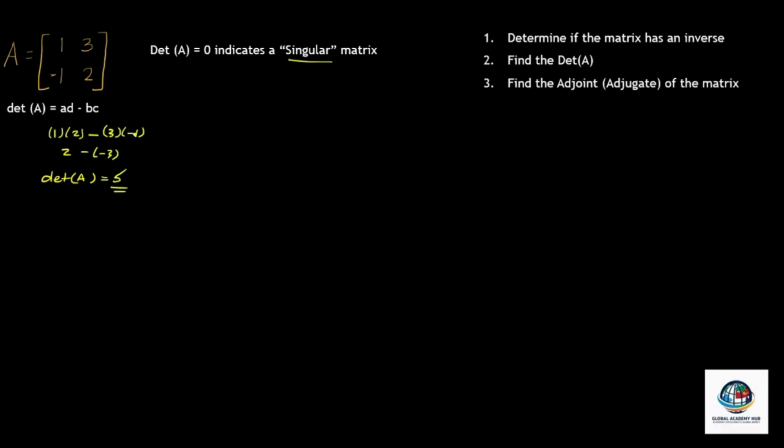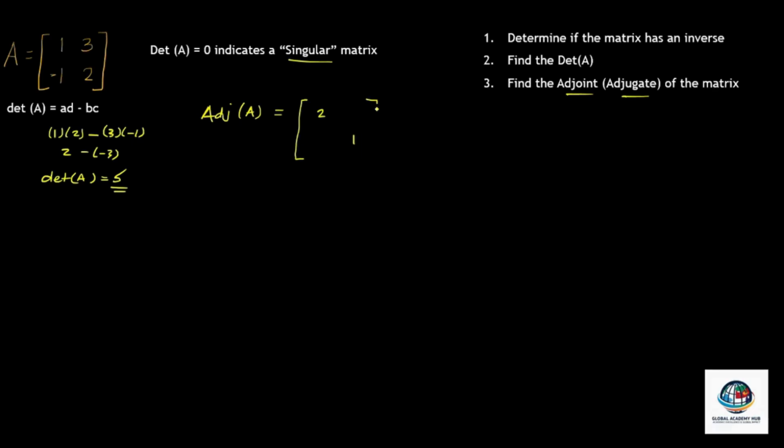Now, we need to find what we call the adjoint or adjunct of this matrix. And the adjoint of this matrix, A, can be found simply by swapping A and D. So here I have 1, 2. Now I'll have 2 and 1 in that corner.